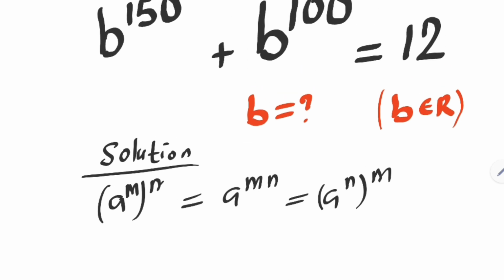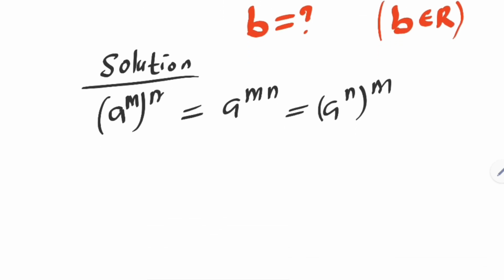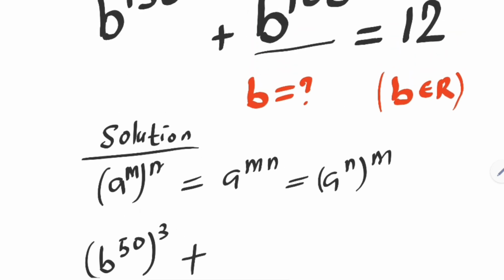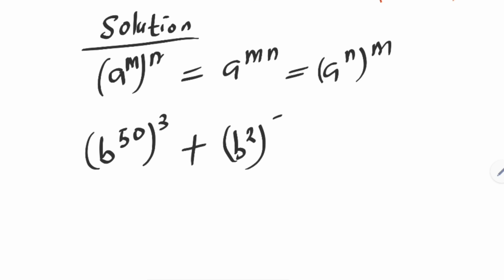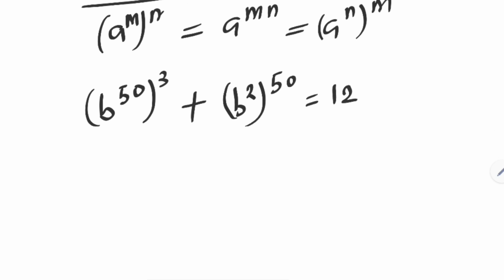Then this b raised to power 150 can be written as b raised to power 50 to the power of 3, plus this b raised to power 100 can be written as b square raised to the power of 50 is equal to 12.